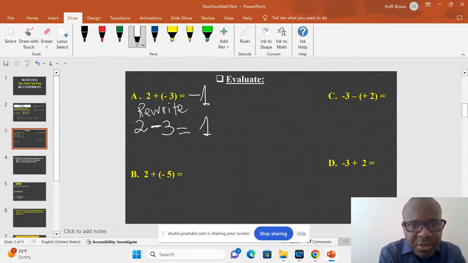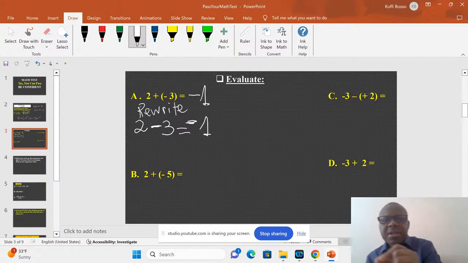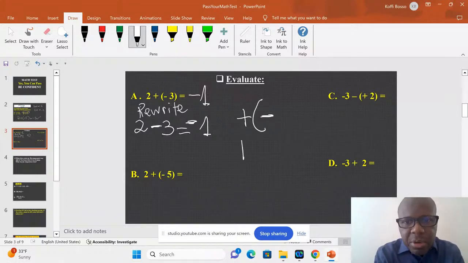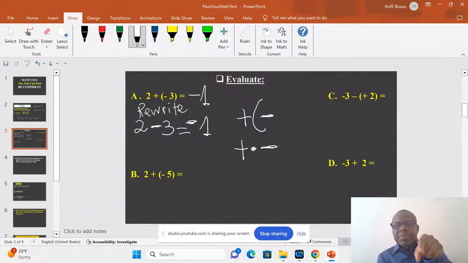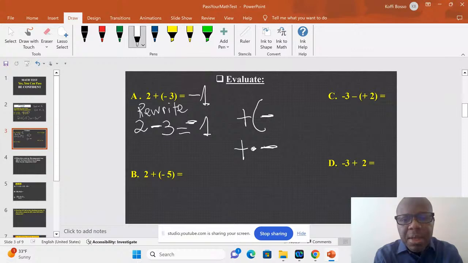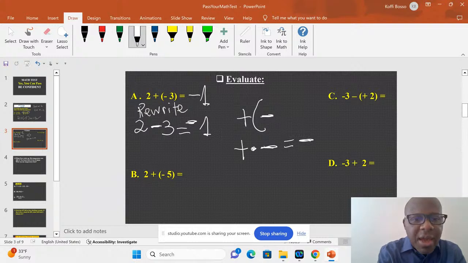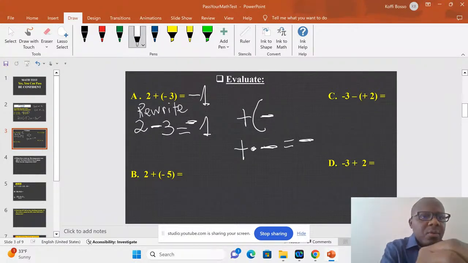The sign of 3 is negative. So let's explain it again. When I have a plus, parenthesis minus, it's like a positive sign multiplied by a negative sign. So that open parenthesis represents a multiplication symbol. Positive multiplied by negative is negative. So when I remove the parentheses, I have now 2 minus 3, which is negative 1.